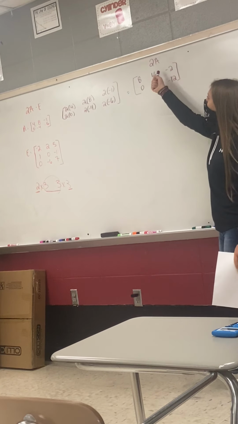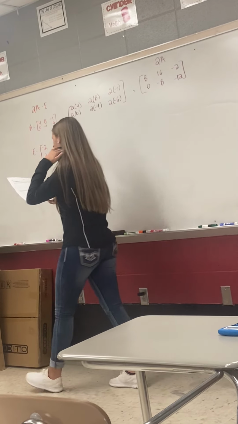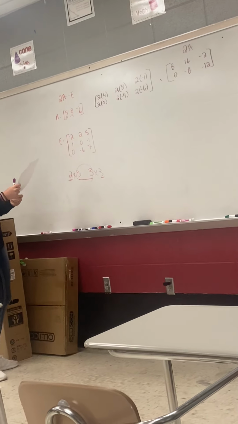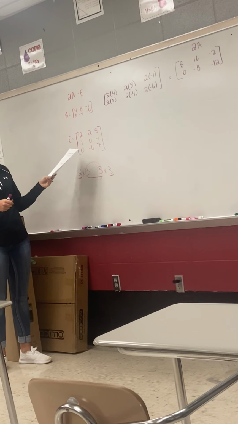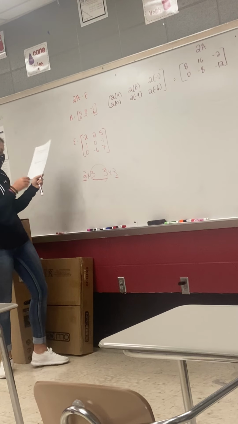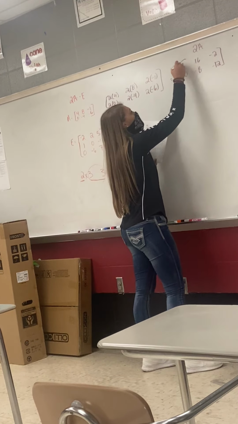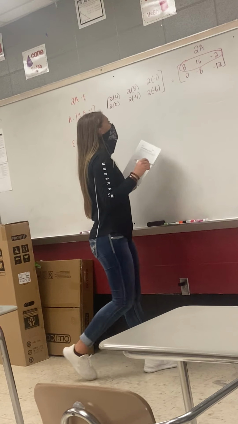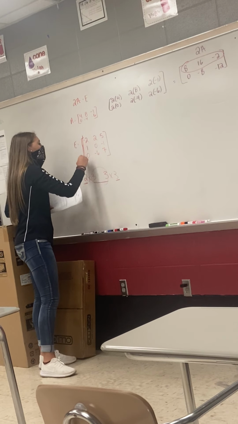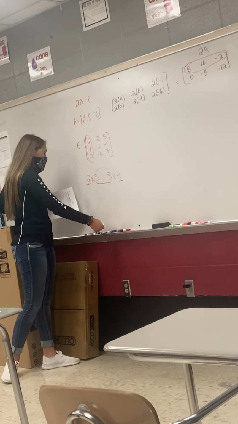So now I can multiply this 2a times my e. Right? So if I'm multiplying my 2a times my e, the first thing that I'm going to have is this top section times this section right here. Okay? Your top times your side.